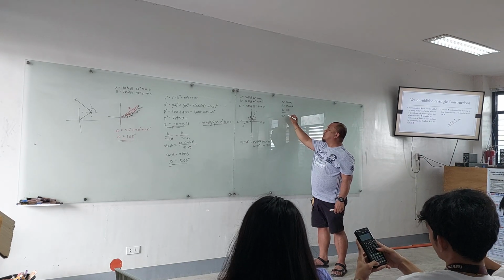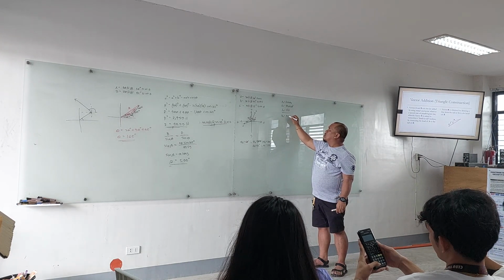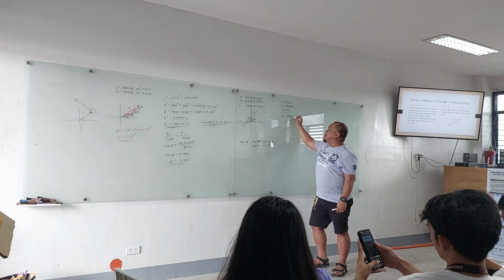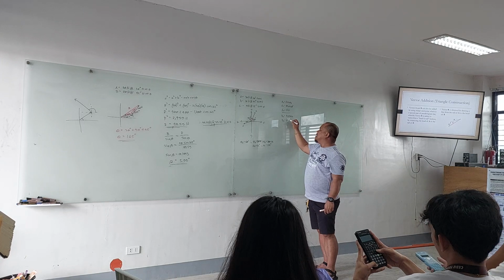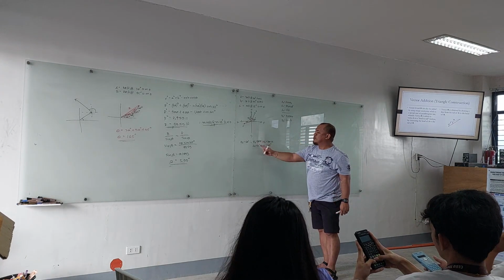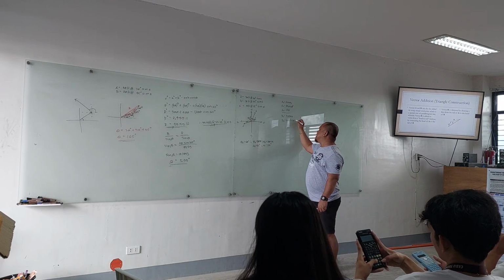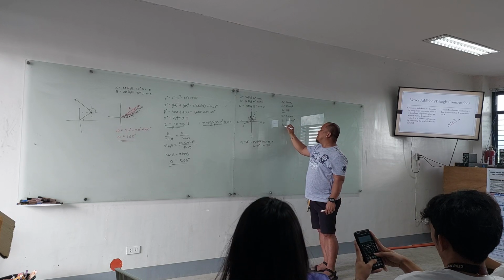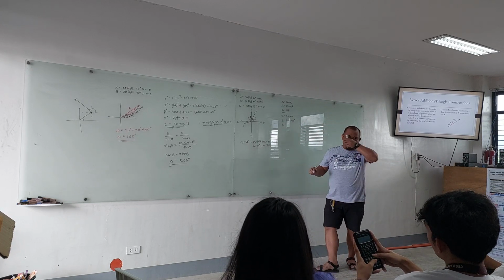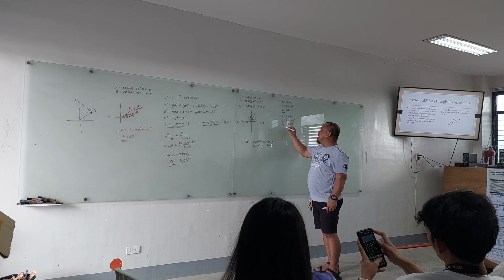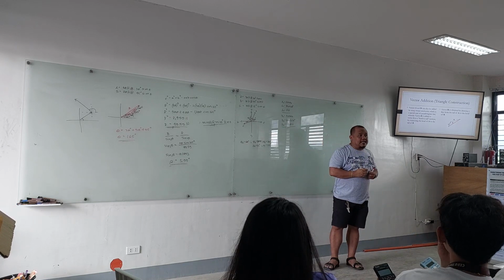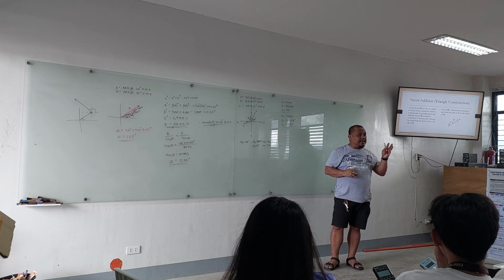BX equals B cosine of theta B. BX equals 10 cosine of 135 degrees. BX equals negative 7.07. Take note, BX is negative.